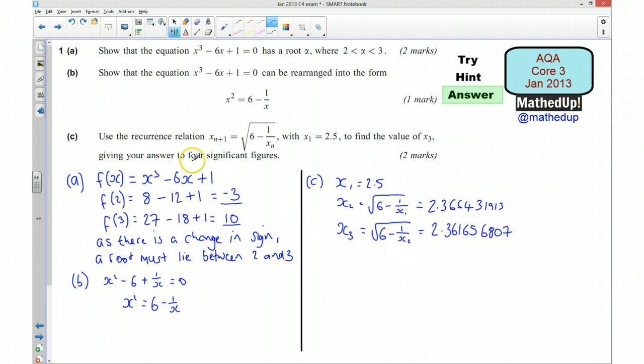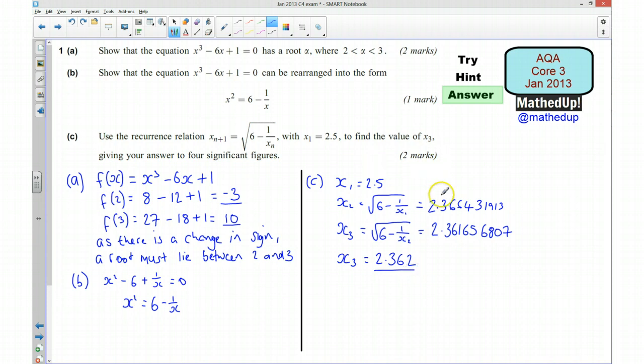Okay, and we need to give our answer to 4 significant figures. So x sub 3 is going to be equal to, to 4 significant figures, 2.362, and there you go.